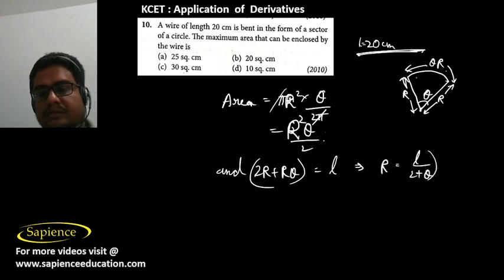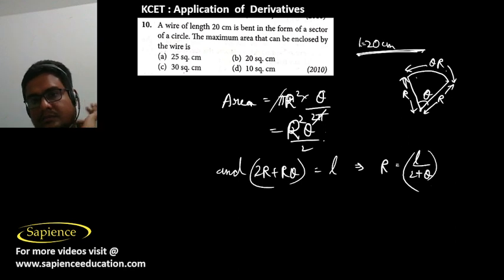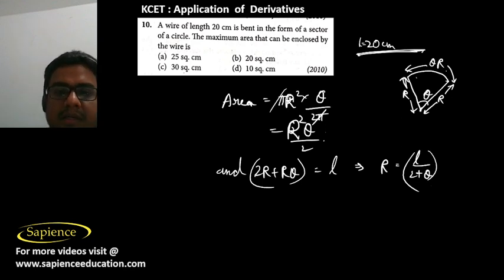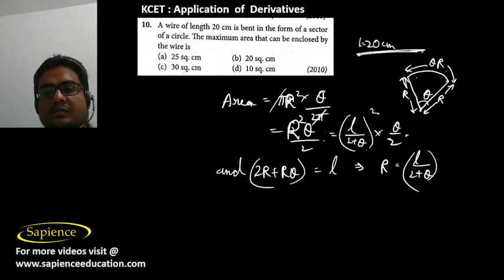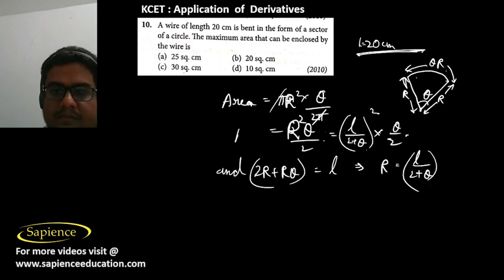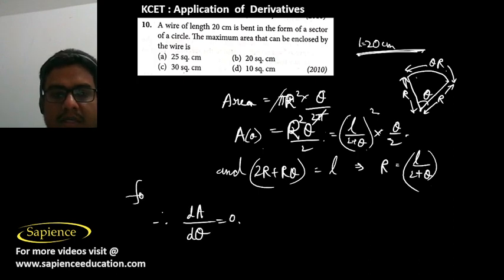Plus, then the maximum is coming. dA by d theta should be zero for the area to be maximum.